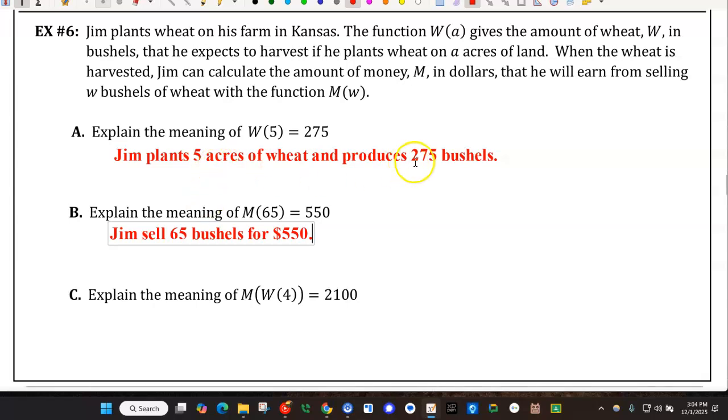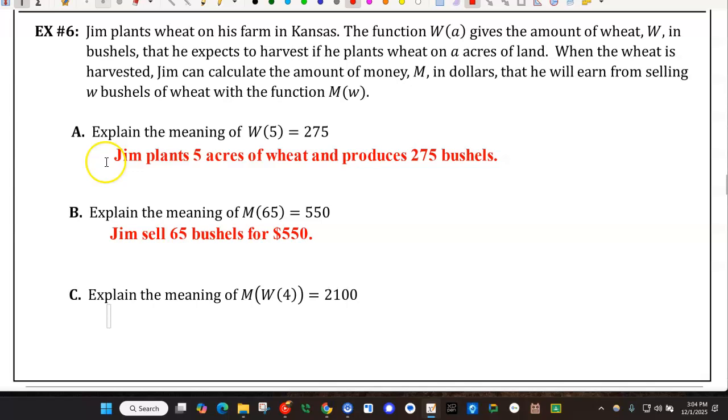So you can take an answer from the first one and then plug it into the second. If I want to know the acreage and how much money that produces, that's what the composition will do. So right here it says W of 4, meaning find how many bushels you get from 4 acres and automatically plug that into the money formula and see how many of those bushels will give you how much money.